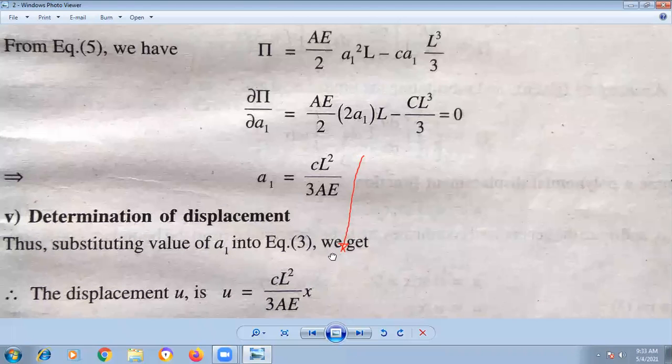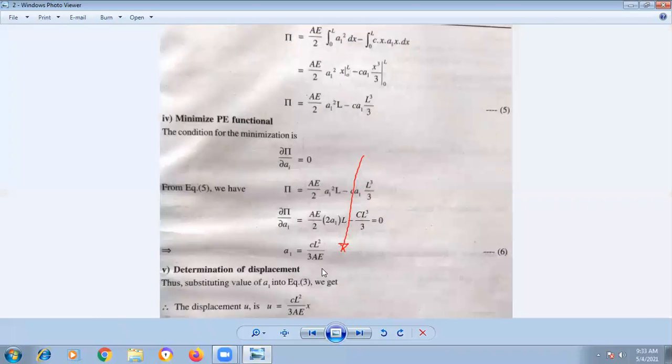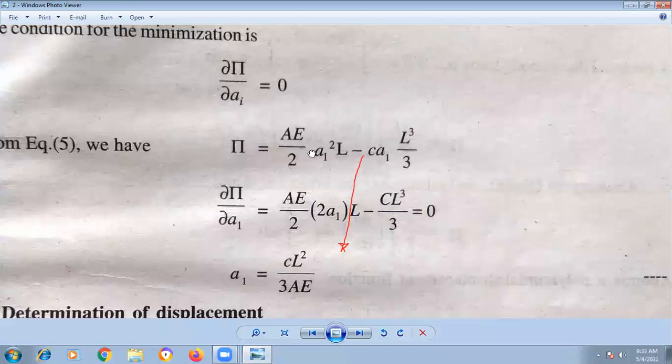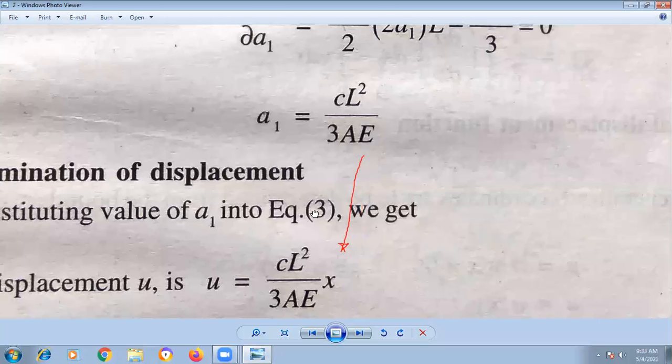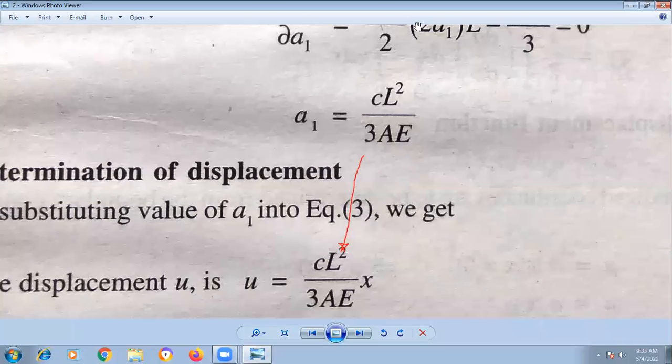So what are we supposed to do now with this? Determination of displacement. Whenever I substitute the value of X as 0, what happens here? The displacement will be obviously 0. And it is maximum when X is equal to L, that is C L cube divided by 3AE.